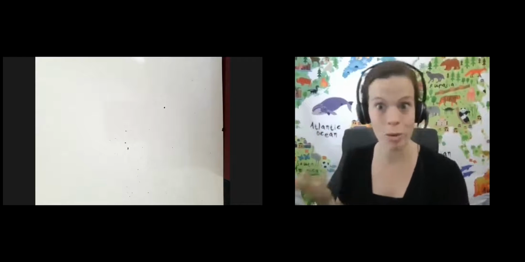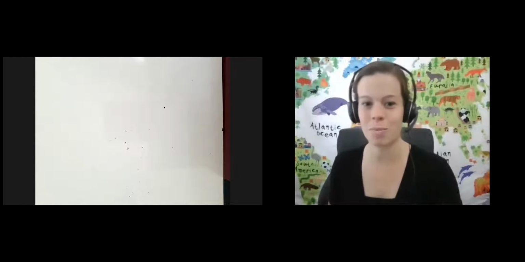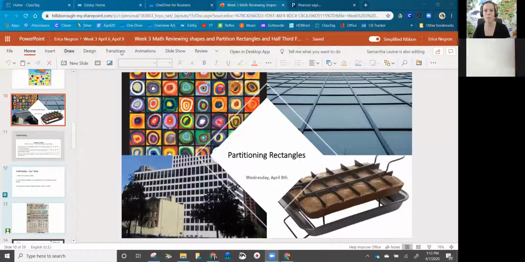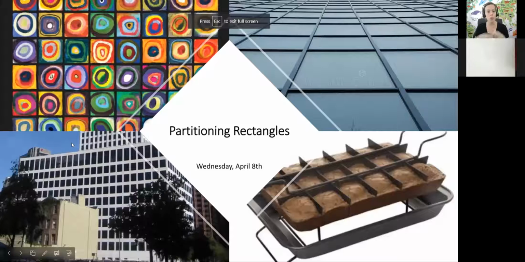Today, I am going to talk to you more about shapes and partitioning them. When I talk about partitioning shapes, I am talking about breaking them apart. Okay? So, if you're looking at these shapes right here, you can see large rectangles.